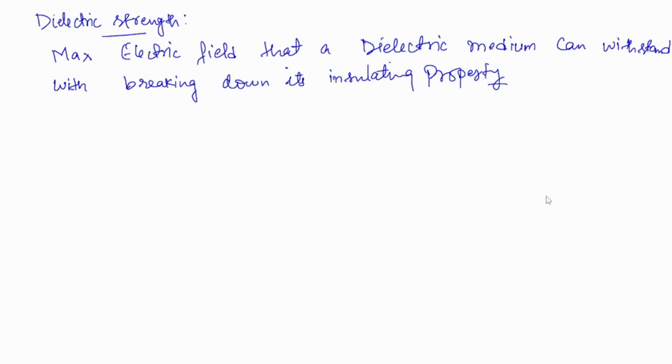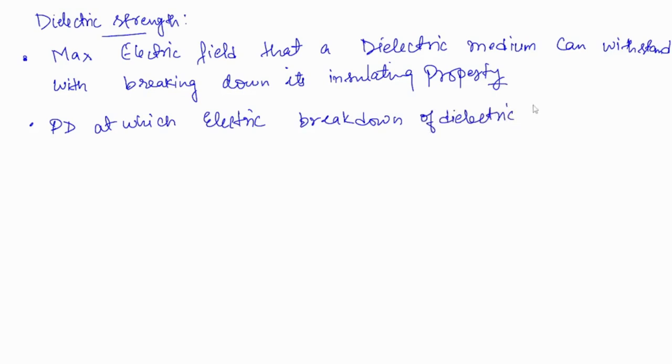And one more point: the potential difference at which electric breakdown of a dielectric takes place, that is called the breakdown potential, or breakdown voltage.